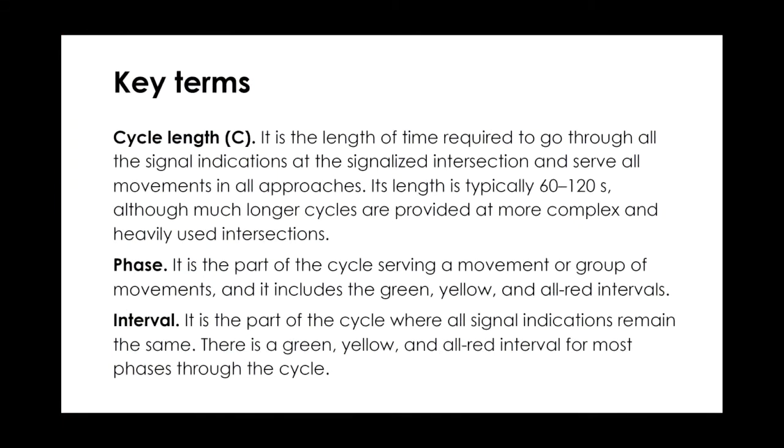So let's start with some key terminologies for signalized intersections. The main term that I'd like to introduce is cycle length, which we usually represent by capital C. Cycle length is the length of time required to go through all the signal indications at the signalized intersection and serve all movements in all approaches.